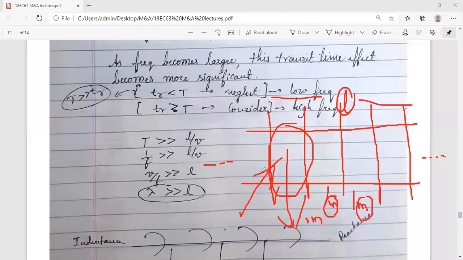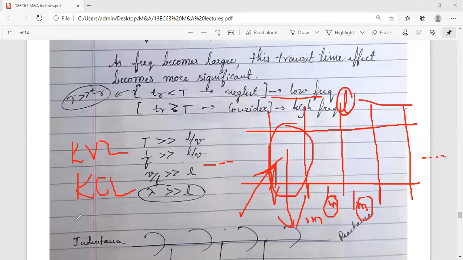So for this smaller part, not the complete circuit, I can still make use of the basic circuit theory. What is that circuit theory? Whenever it comes to circuit theory, you have studied it, even when you started studying physics and electrical electronics concepts, you started with Kirchhoff's laws, right?